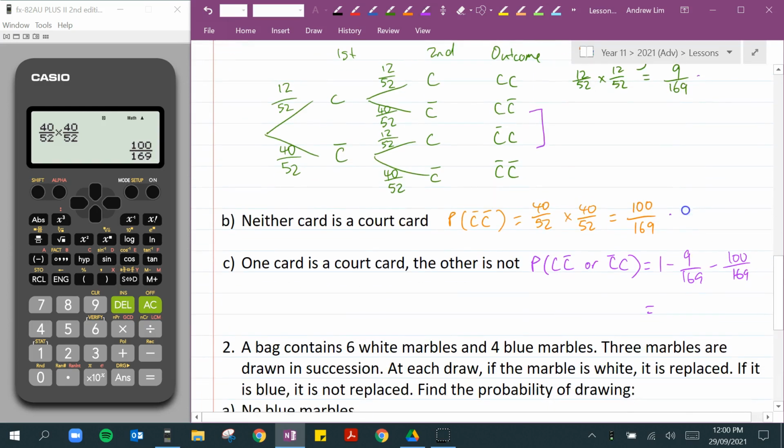So 1 minus 9 over 169 minus 100 over 169, which is 60 over 169.